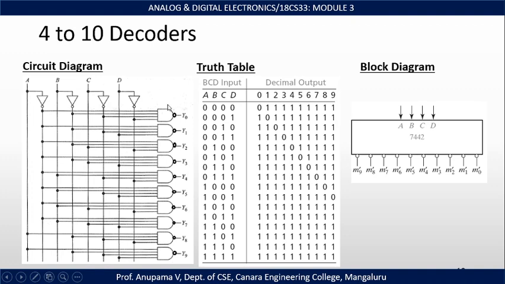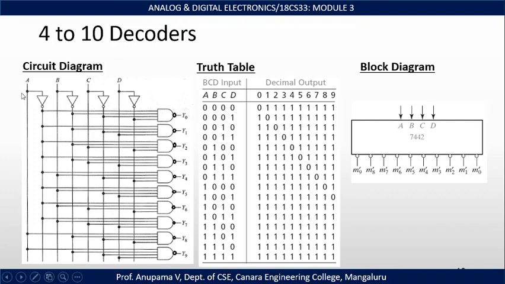The figure shows the circuit diagram of the 4 to 10 decoder. The table indicates the truth table of the 4 to 10 decoder or BCD to decimal decoder, and this is the block diagram for the 4 to 10 decoder.